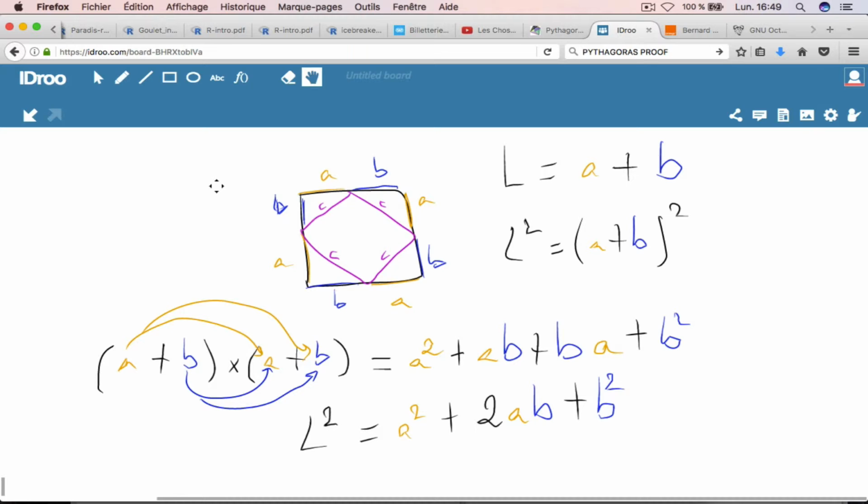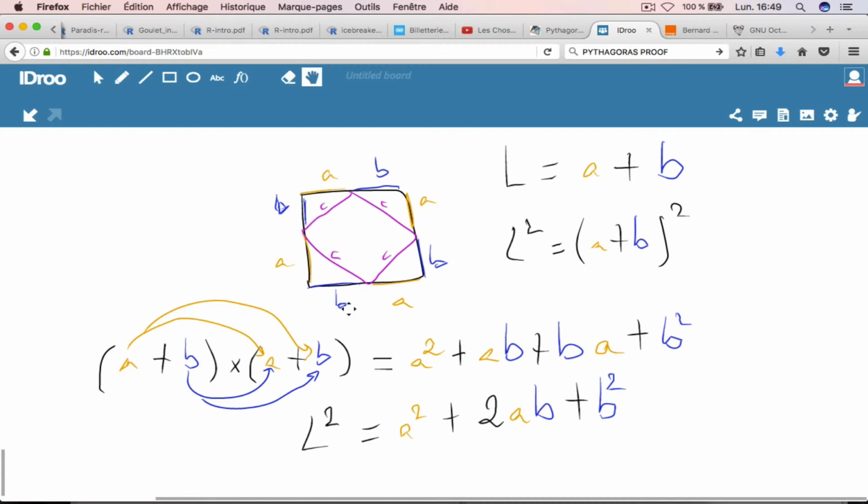The formula to calculate the area of a triangle is base times vertical height divided by 2. So if we look at this triangle, the base is B, the vertical height is A, so that's A times B divided by 2. But we've got 4 of these, so we can multiply by 4.